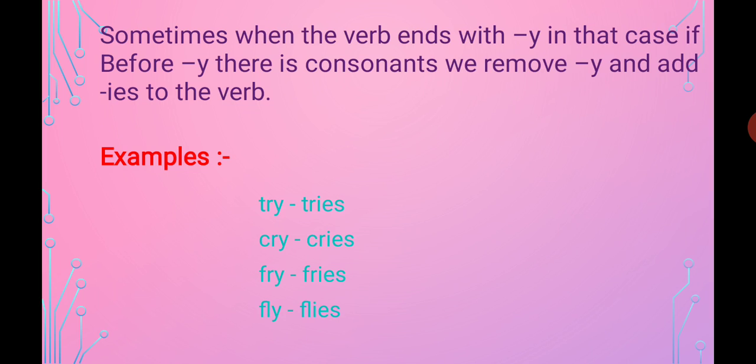Fly. We remove y and add ies. It will be flies. So these are the three uses of simple present tense and three formations of the verb of the simple present tense. I hope you understand it properly and just read it properly.